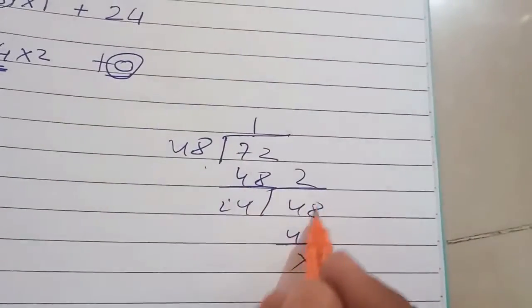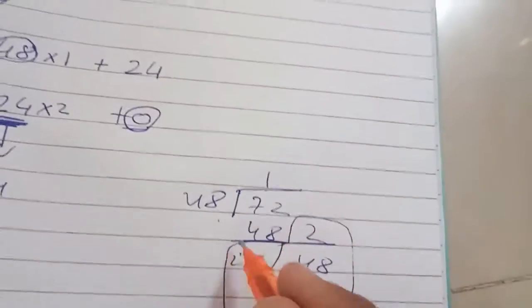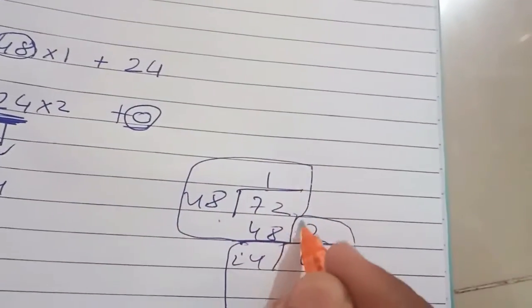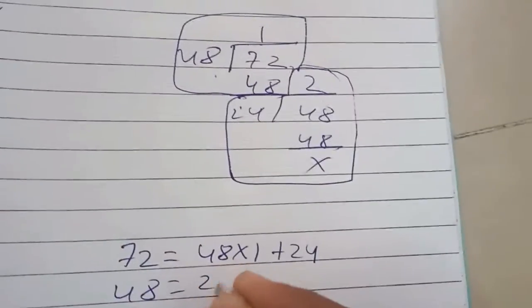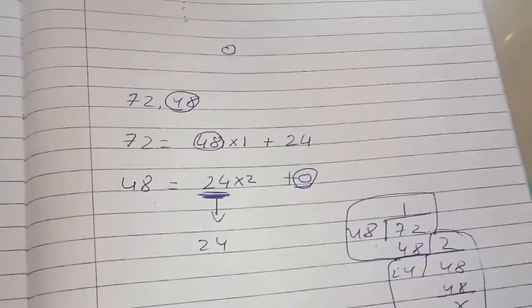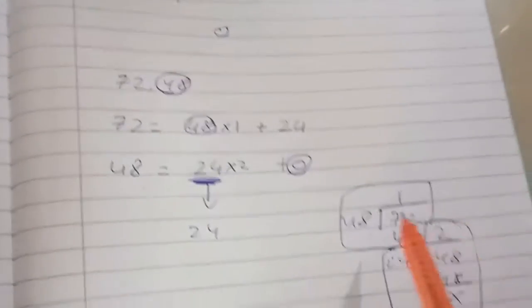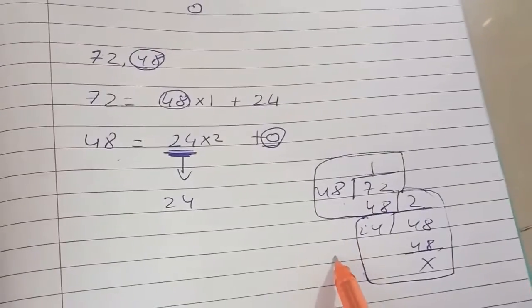Then write the second division, that is 48 = 24 × 2 + 0. You can see both are the same. So in short, Euclid's division algorithm for finding HCF is nothing but the statement form of the long division method.